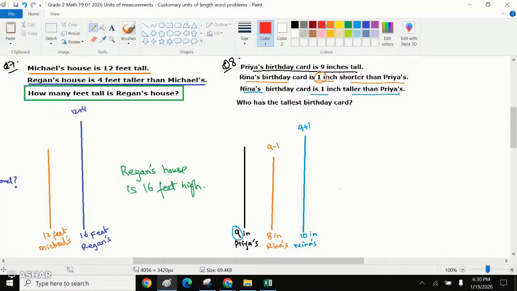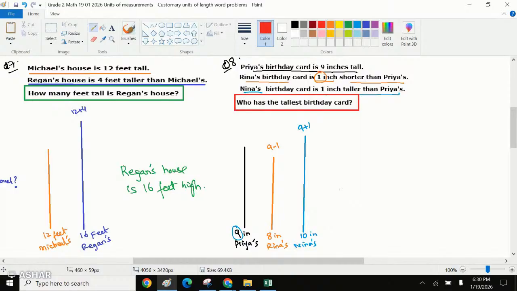Easy question: who has the tallest birthday card? Who has the tallest? Very simple, right? We had the length of Priya's birthday card that was 9. They said Reena's one was one less. That means 9 minus 1 becomes 8.